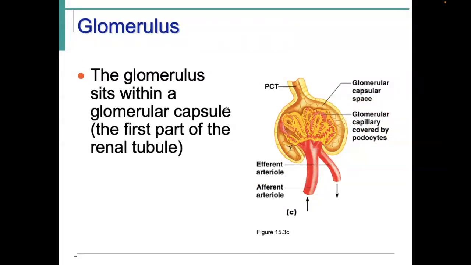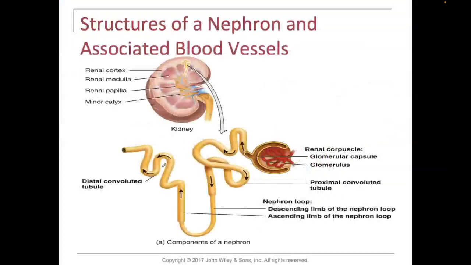Okay, the glomerulus sits within the Bowman's capsule or the glomerular capsule. That's the very first part. So we have the glomerulus here, the glomerular capsule, also known as renal corpuscle or Bowman's capsule. Then we have the very first part that's convoluted, called the proximal convoluted tubule.